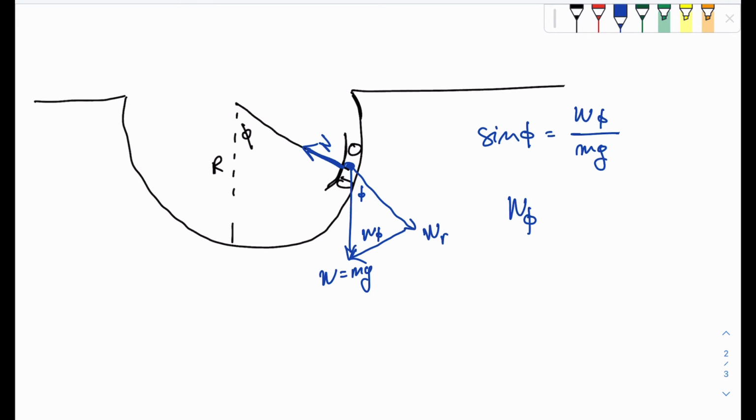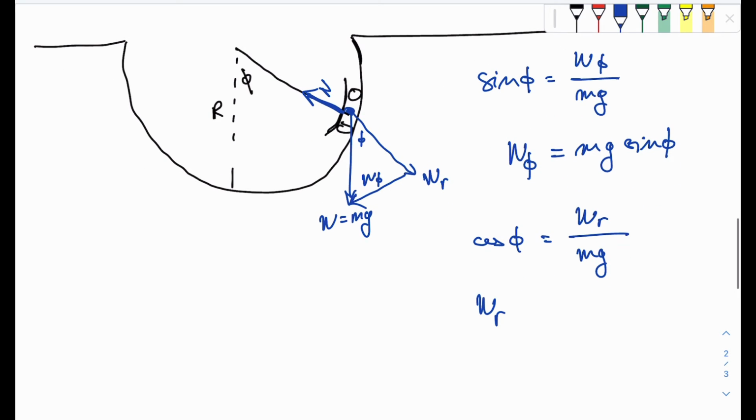Therefore, W phi is mg sine phi, and cosine of phi is given by W r over mg. So the weight in the radial direction is mg times cosine phi.